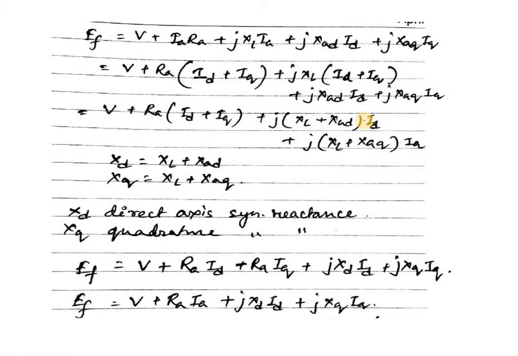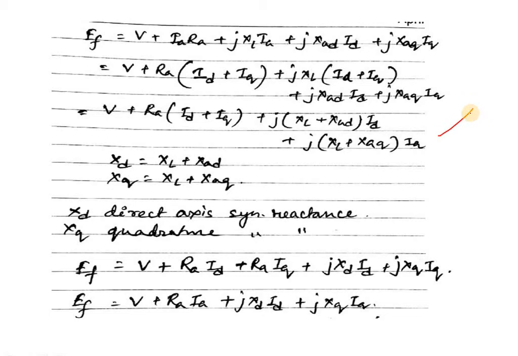Taking common, we can write V plus IaRa, we will take common Ra and we will get Id plus Iq, plus jXl, we will take common and we will get Id plus Iq in bracket, plus jXadId plus jXaqIq. So in that way we are getting the field EMF equation.